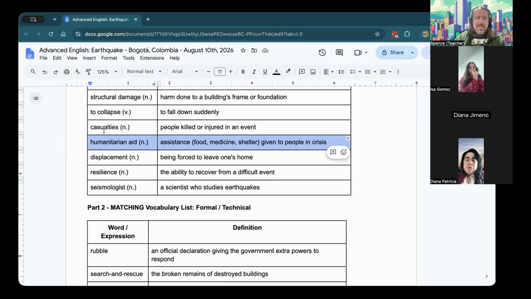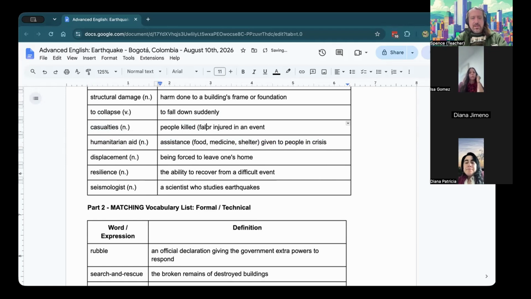And then casualties. Casualties include not just the people who are killed. Those are fatalities. But also the people who were injured. So it's a combination of both that are the casualties.